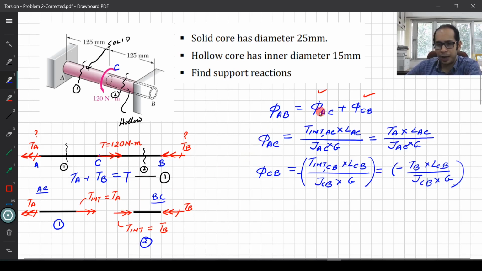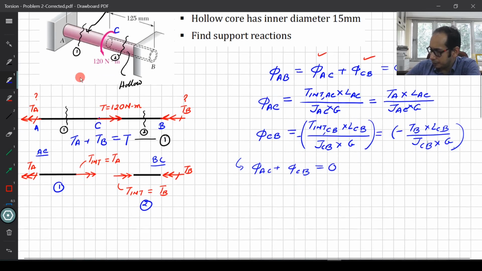Now I am going to use compatibility, because I know my phi AB from here to here is equal to 0. So if I take that condition, phi AC plus phi CB is equal to 0.